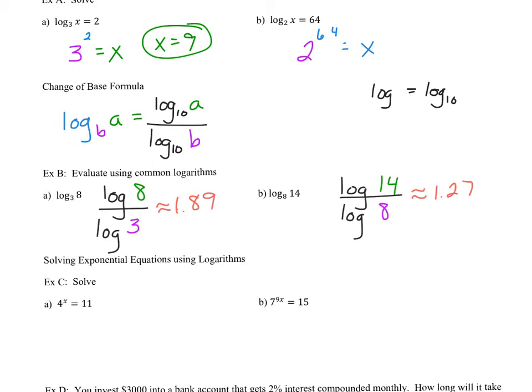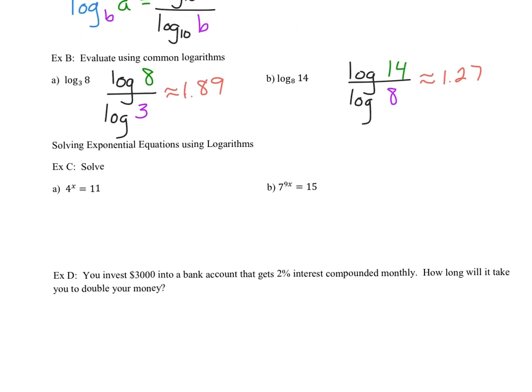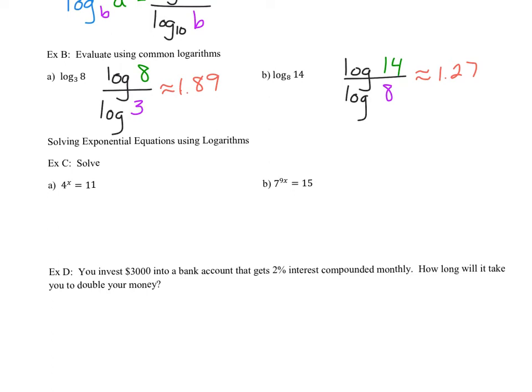Okay, so those were when I'd already given you the logarithm setup and we used common logarithms to figure it out. So for example C here, this time I've given you exponential equations and I want to use our logarithms to solve. Because the whole point of logarithms is to find out exponents. So first I want to rewrite this as a logarithm: log base 4 of 11 gives us some x.